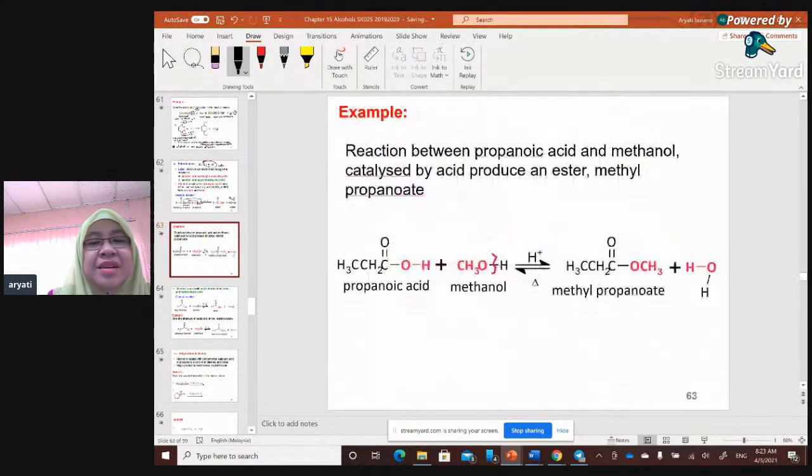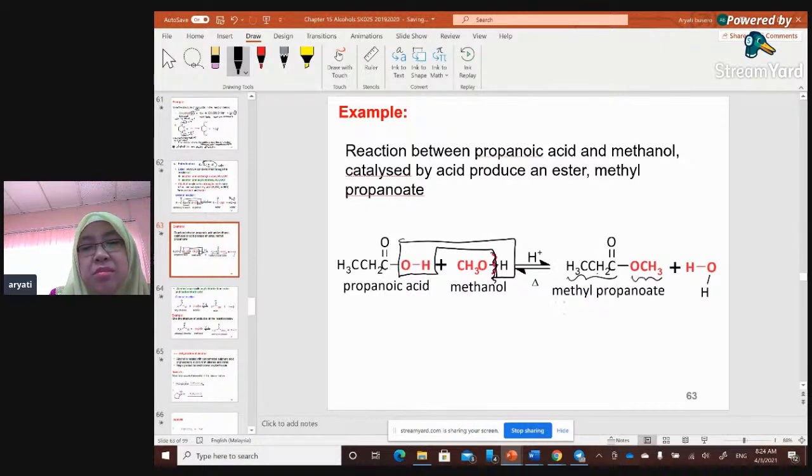Example: CH3CH2COOH, propanoic acid, and methanol. Methanol will break the bond between O and H. Carboxylic acid will give OH. So they will combine, and it will produce CH3CH2C double bond O. This part is from the carboxylic acid, and OCH3 is from methanol.